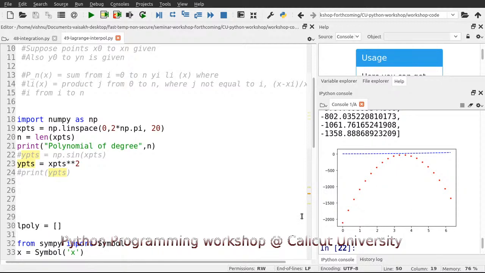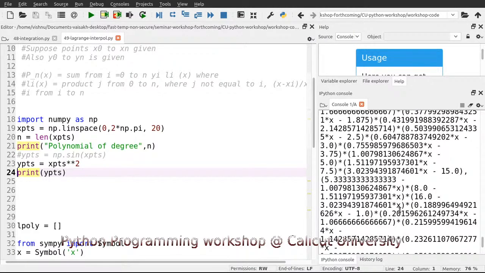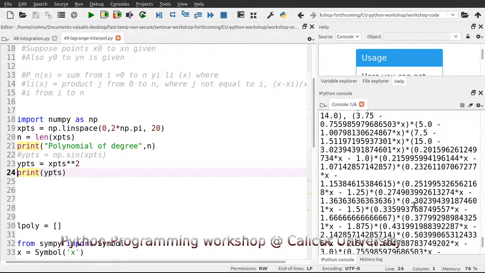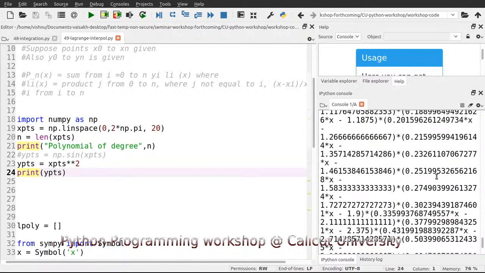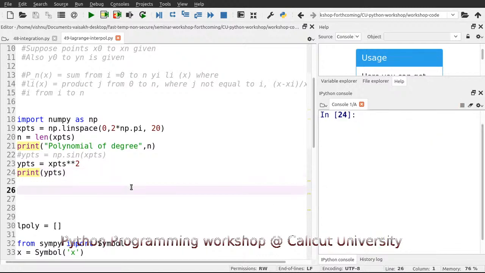So after that, Y points, just print Y points. Polynomial of degree n. Let me clear everything, clear console and restart.